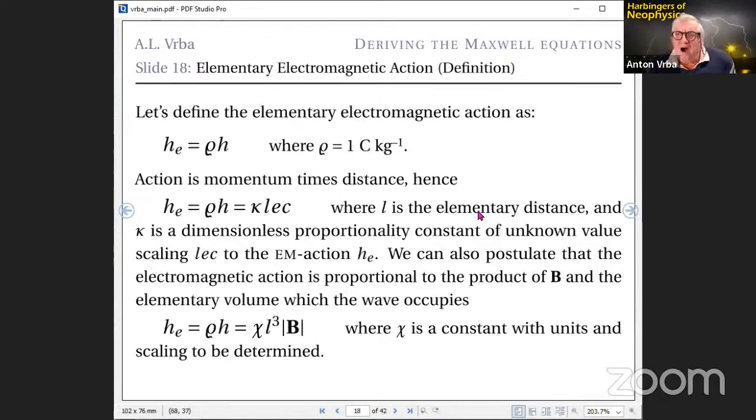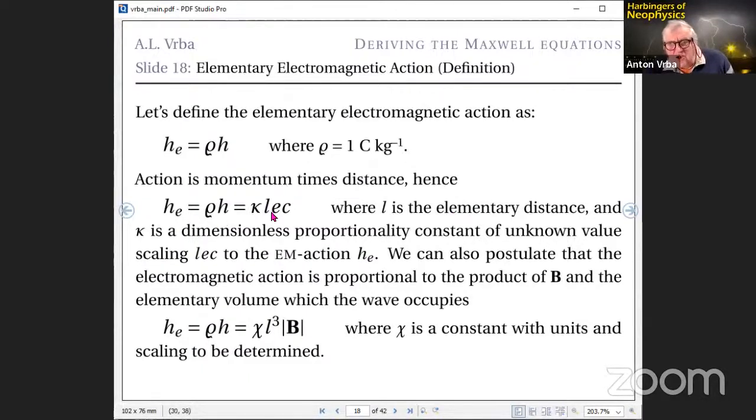So now I define an elementary electromagnetic action, h sub e equals rho h, where rho is just a conversion of 1 coulomb per kilogram, just to keep my units correct. And we know action is momentum times distance.